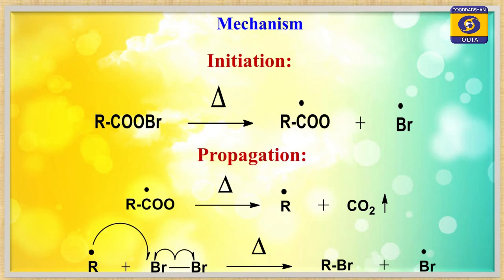This alkyl free radical is unstable, it further reacts with a bromine molecule by simple homolytic cleavage, meaning the bromine-bromine bond breaks to give a bromine free radical. This bromine free radical now attaches to the alkyl free radical, giving you alkyl bromide and a new bromine free radical.